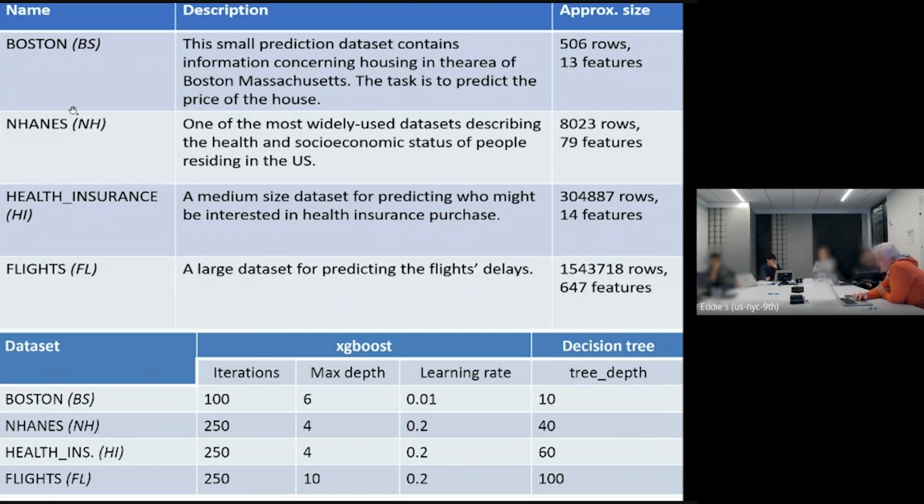Then there is Haynes, which is a health insurance dataset. No, this is not. This is socioeconomic status of people residing in the US, and then health insurance is where you need to predict who would be interested in health insurance. The biggest dataset we used is flights, and it aims to predict the delays of flights.